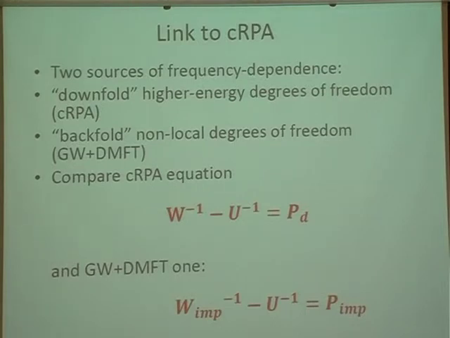And that's really a general feature. When you restrict your Hilbert space to some smaller sub-Hilbert space, you eliminate some degrees of freedom, and these degrees of freedom have to renormalize your effective, bare, whatever interactions in the space that you still want to treat.